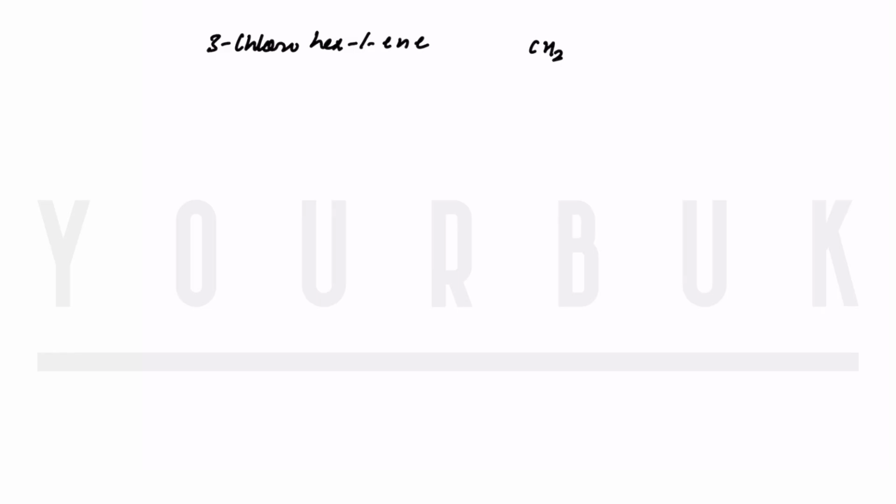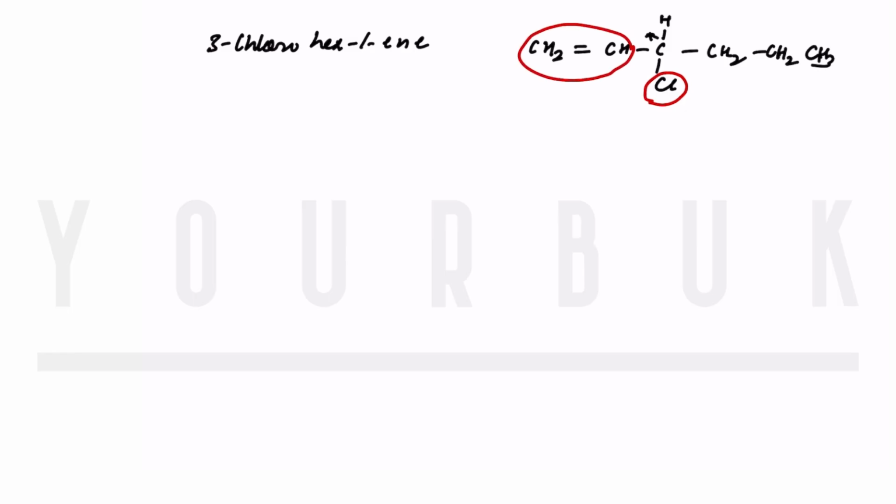The structure of 3-chloro hex-1-ene is this, and it contains a chiral carbon. So this is my chiral carbon, and it contains 4 different groups. One is chlorine, one is this vinylic group, the third different group is hydrogen, and the fourth one is this propyl group.